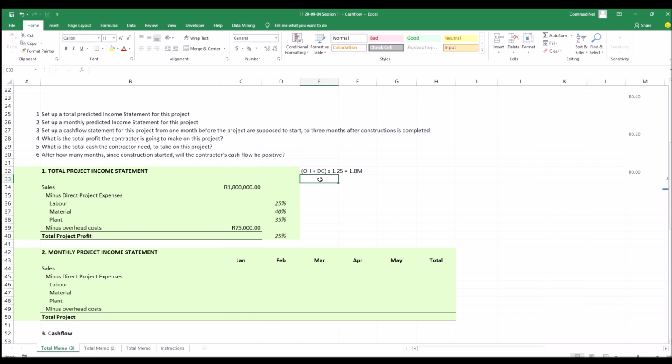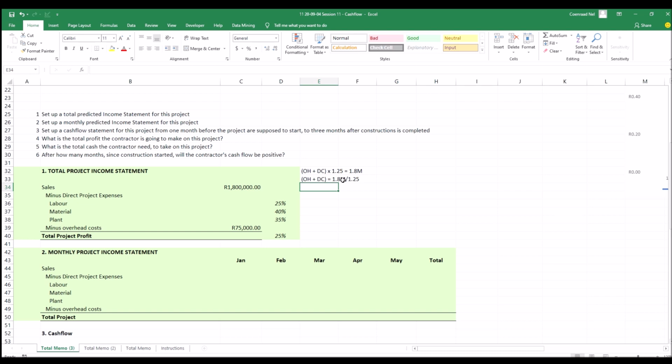So if you then simplify that, let's quickly do that. I'm just going to copy this one. We say that equals some basic maths: 1.8 million divided by the 1.25, the ratio that we have over there.